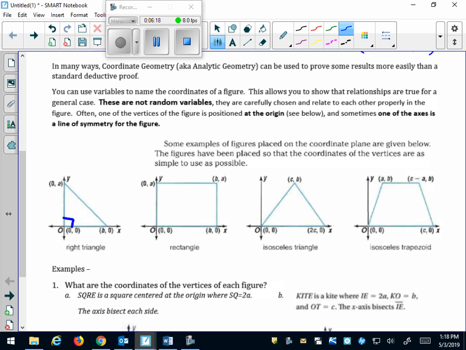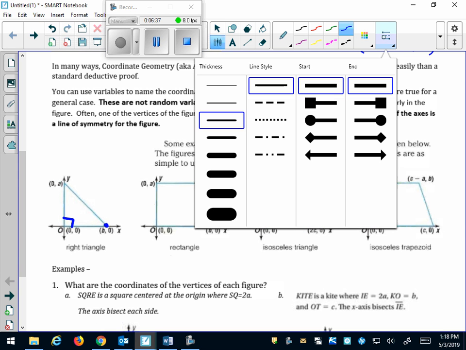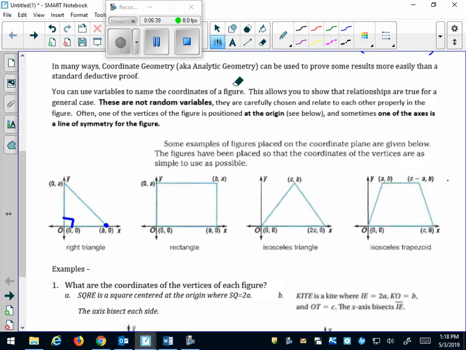Because we know that the x-axis and the y-axis meet at a right angle, right? So putting the right angle there guarantees that that's what it is. Now, we need two other points. This point here, they have labeled as the point B0. Because we're using variables here, they're using A and B. So this is the point B0. This point is the point 0A. So, what is this length? What is the length of this segment right here?